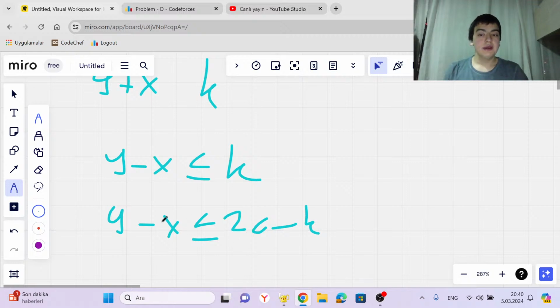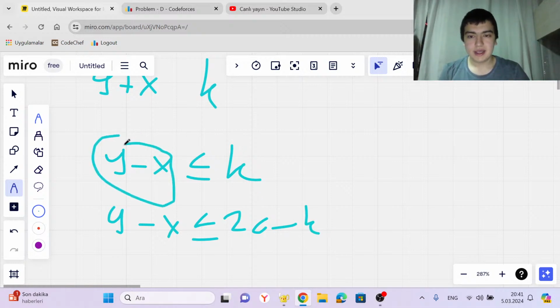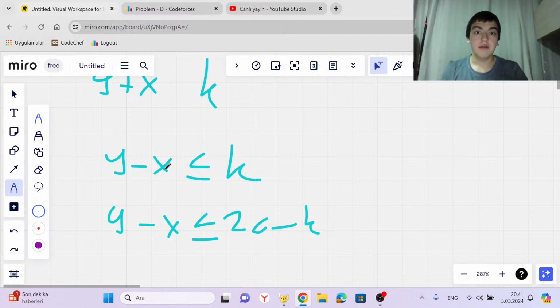Because if this value is greater than 2c minus k, we will add k to y minus x, and 2y will be greater than 2c, and y will be greater than c. And we don't want y to be greater than c.